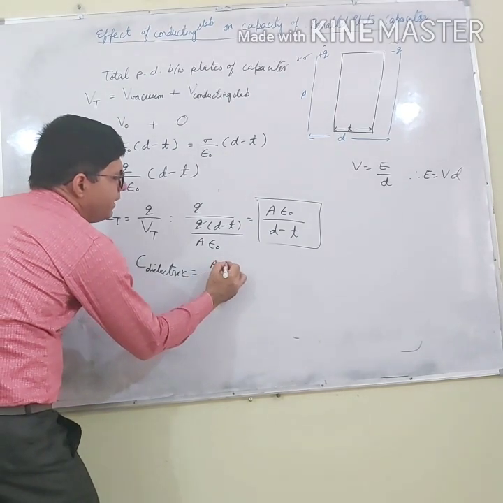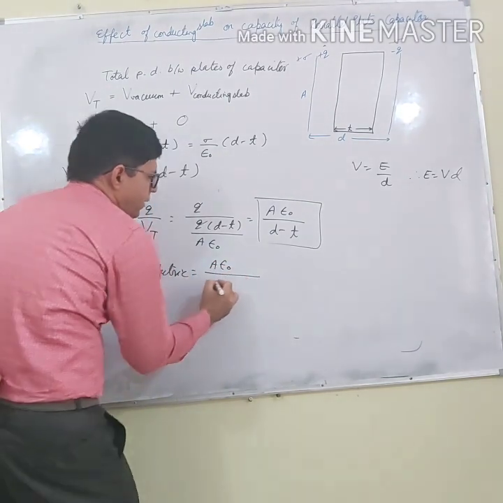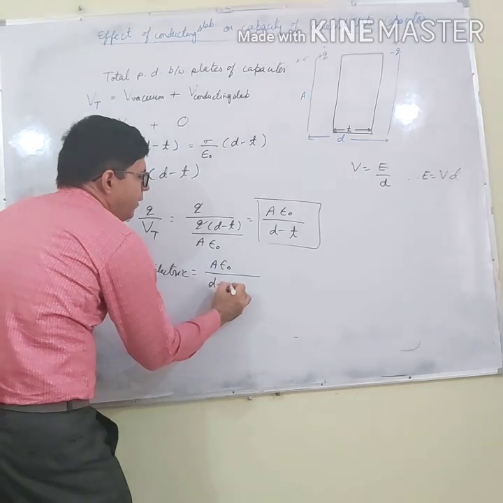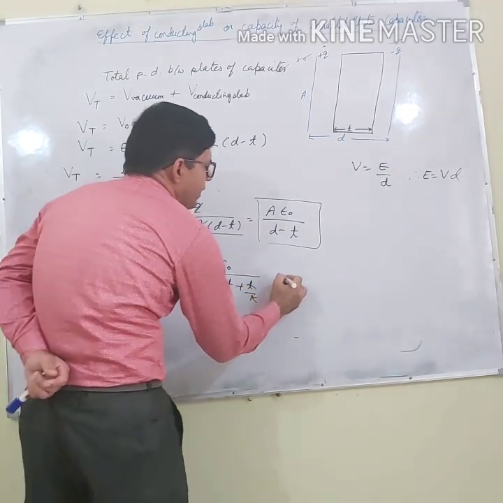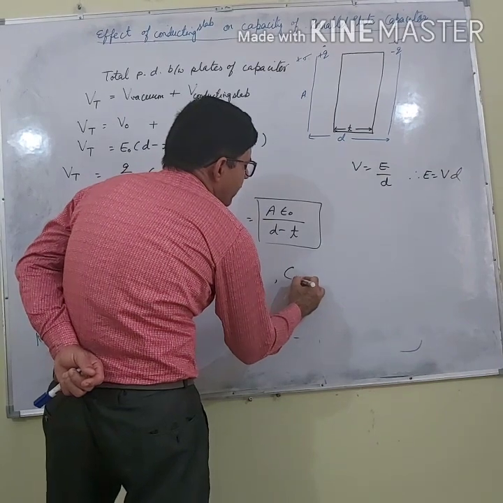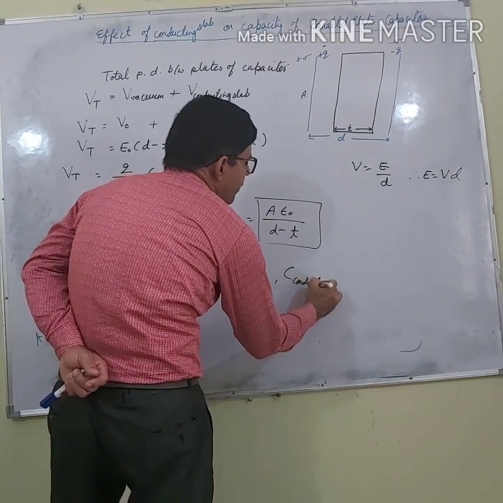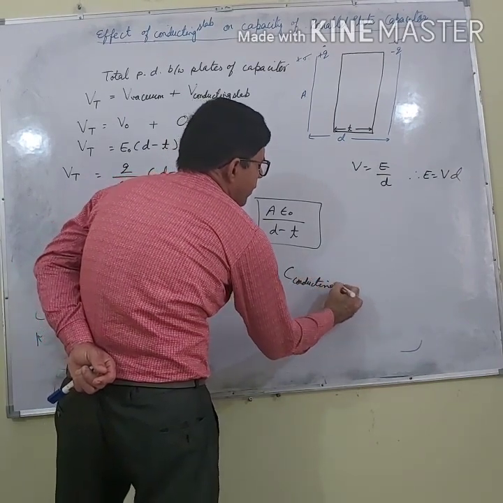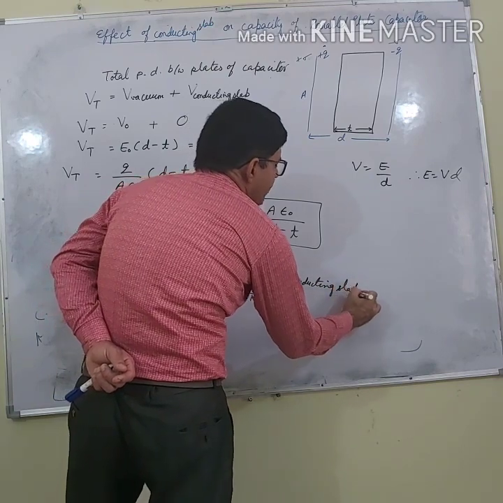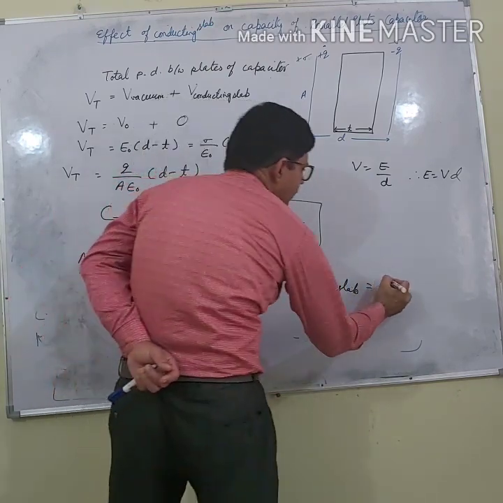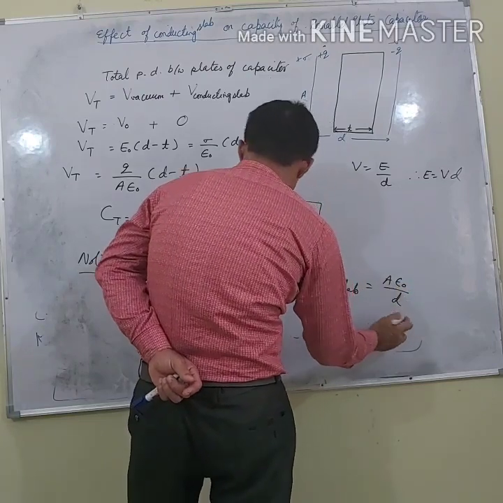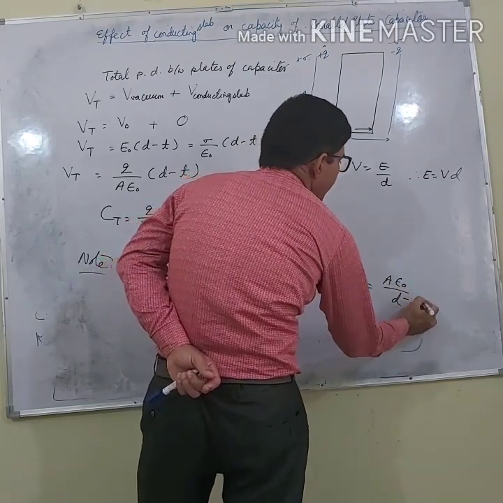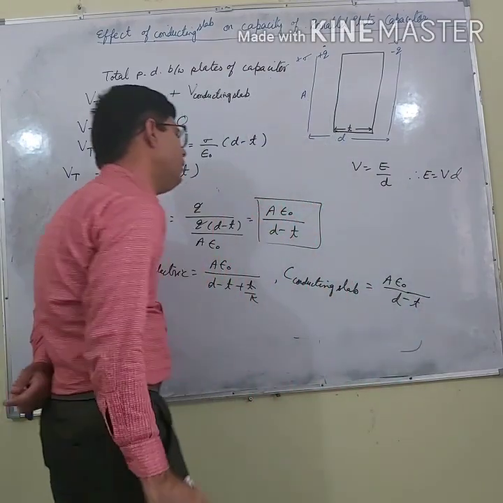The capacity is A epsilon naught divided by D minus T plus T by K. And for the conducting slab it equals A epsilon naught by D minus T. What does it mean?